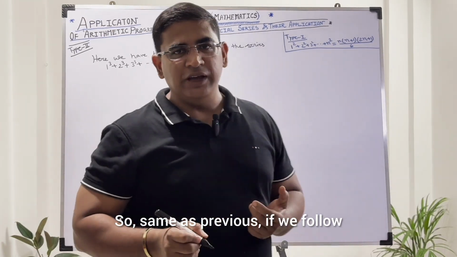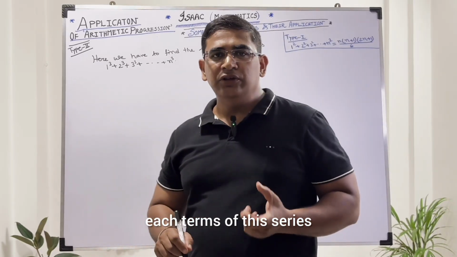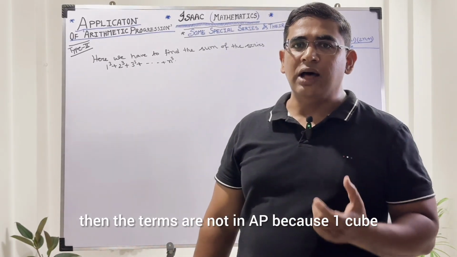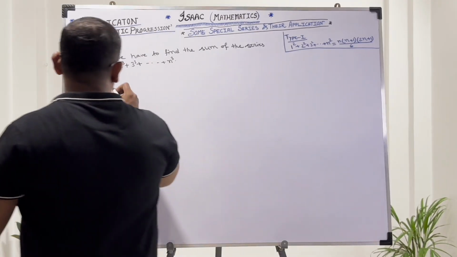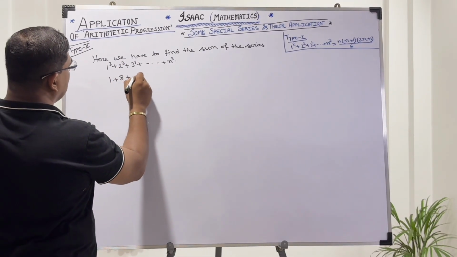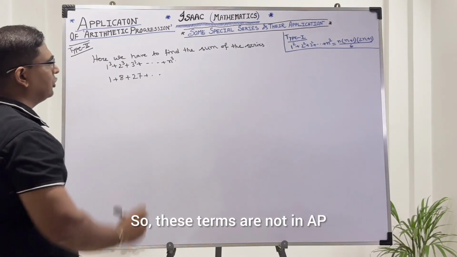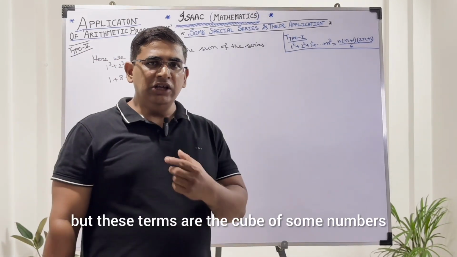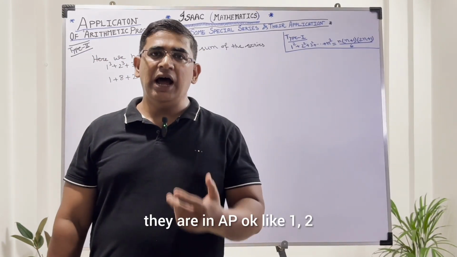so same as previous, if we follow each term of this series, then the terms are not in AP, because 1 cube will give 1, 2 cube will give 8, 3 cube will give 27 plus continue. So these terms are not in AP, but the numbers whose cubes they are, they are in AP.